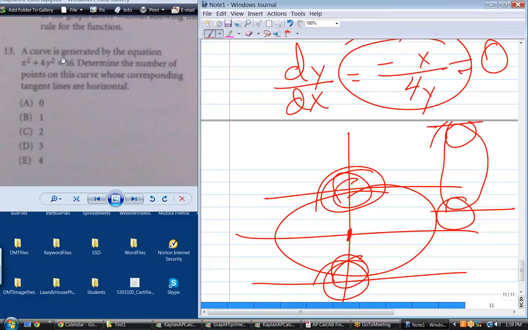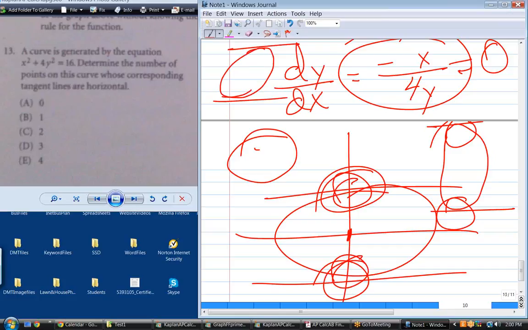So being able to recognize that curve as an ellipse, as long as you know it's an ellipse, all ellipses have 2 horizontal tangent lines, regardless of their orientation. Even if it was rotated like that, it's going to have a horizontal tangent line there and there. So the moment you recognize that that's an ellipse in whatever orientation, you know the answer is 2.